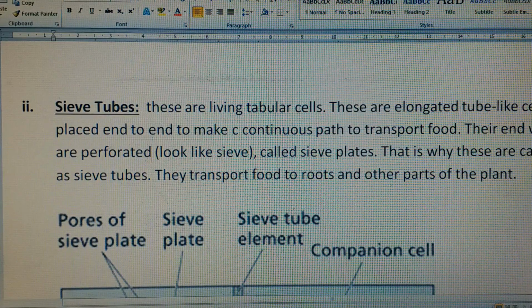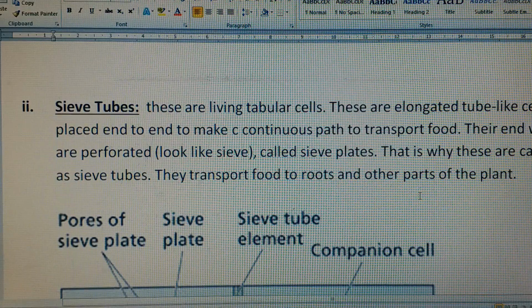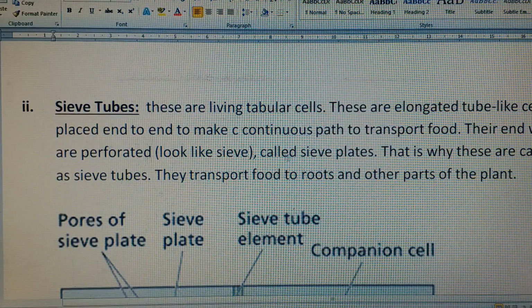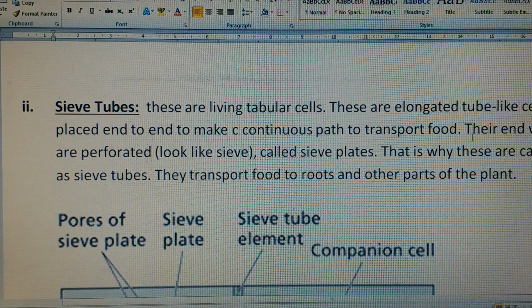Just as pipelines are joined together for water transport in our house, these sieve cells are joined end to end to form a continuous path through which food is transported to various parts.